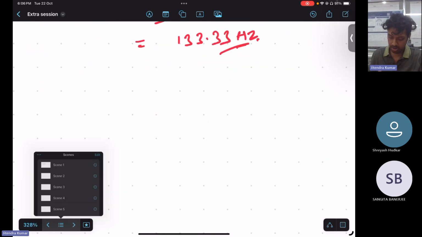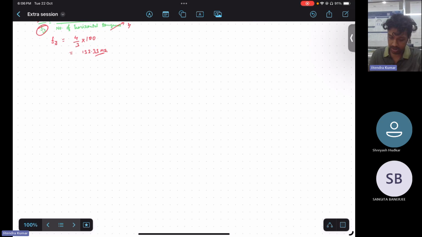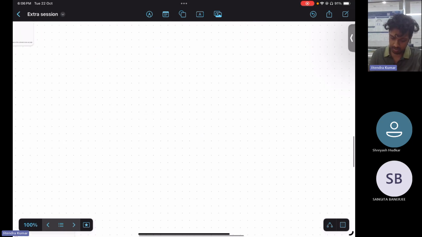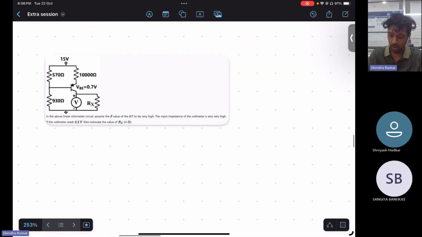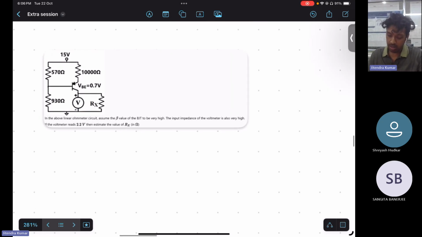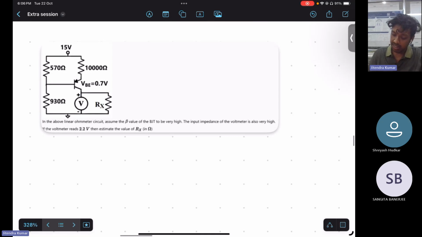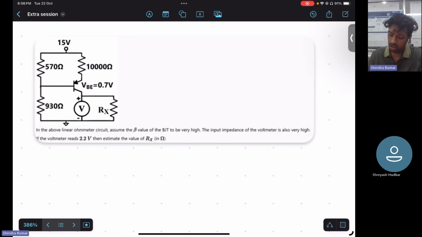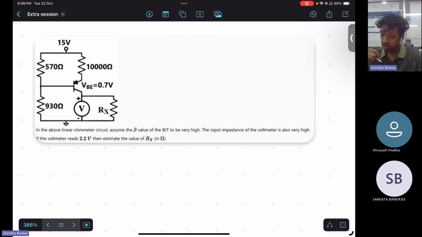So let us proceed to the next part. Yeah, this problem. This is a linear ohmmeter circuit, isn't it? And we can assume that the beta value is very high, and the input impedance of the voltmeter is also very high, right?